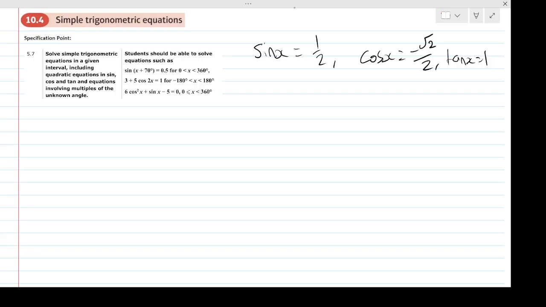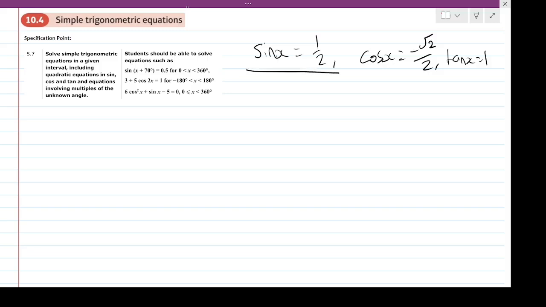And basically we will be looking at many different types of trig equations throughout this chapter and in year 13, right? But no matter how complicated the trig equations we will look at, and we will build upon this, it all boils down to solving sine x equals a number, cos x equals a number, or tan x equals a number, right?